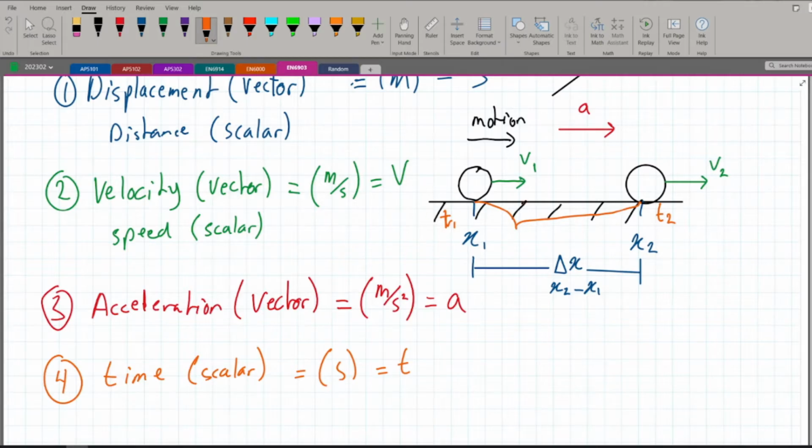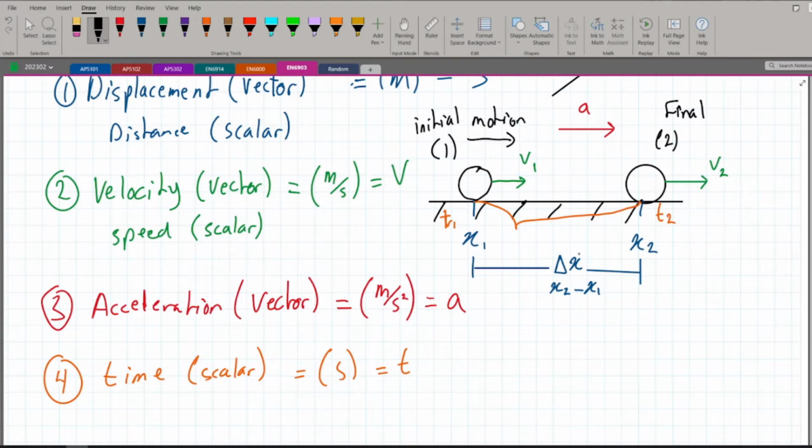This is the initial time, and this is the final time, which we'll talk about now. So usually I'm writing here t1 and t2. This basically means this is case 1, the initial case, and this is case 2, which is our final case.